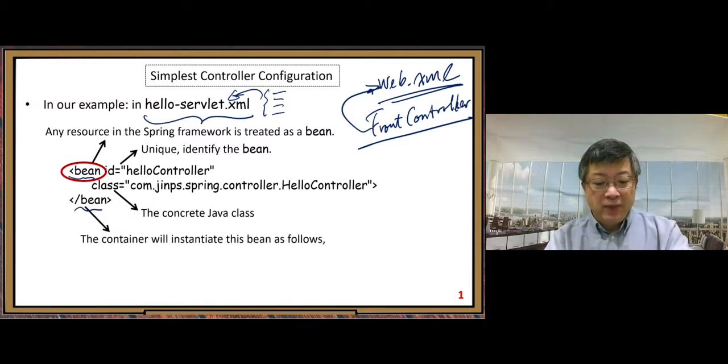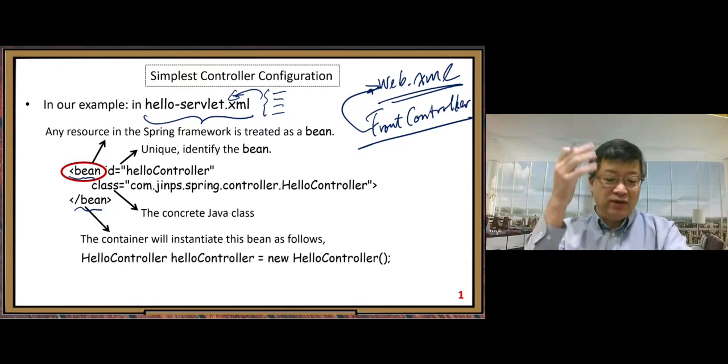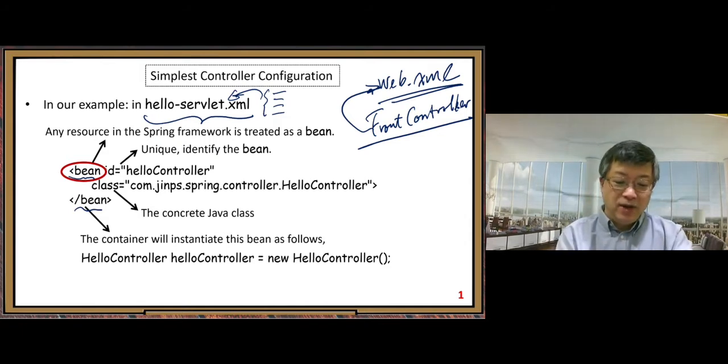With that, you just tell the container, and the container will instantiate this bean using the usual instantiation way. We will not see this line anywhere because it's hidden. The container does it in a hidden way. So that's simple.